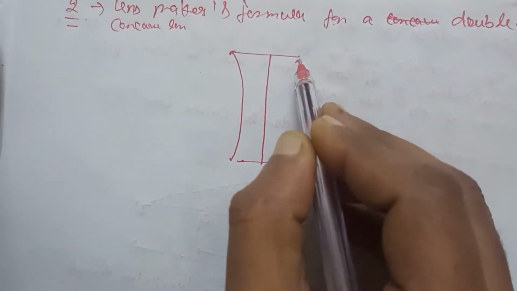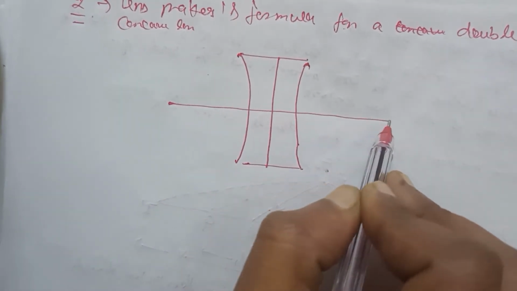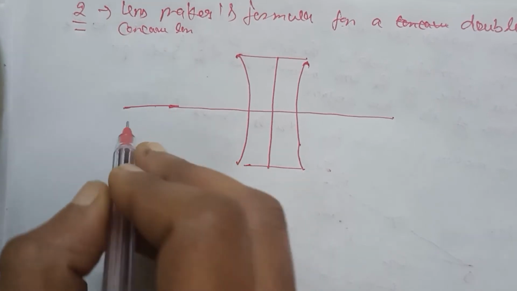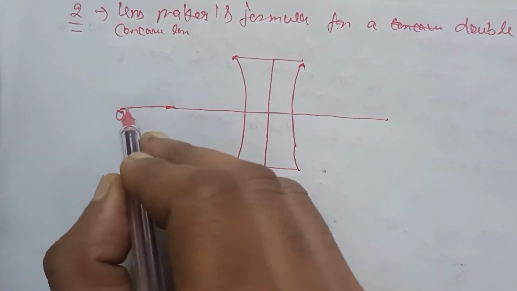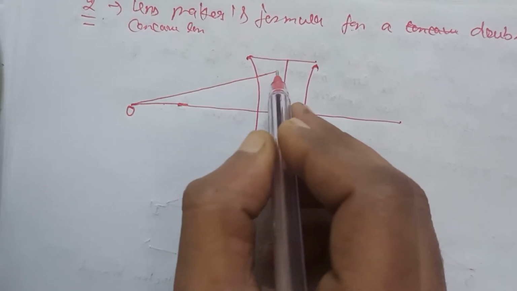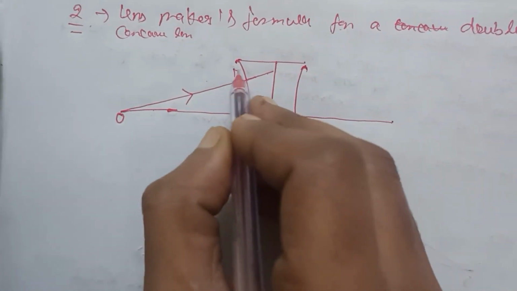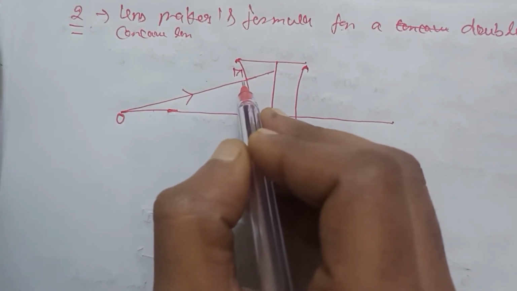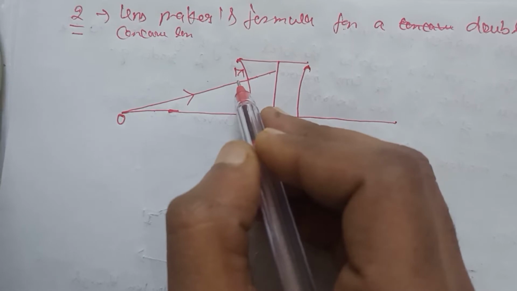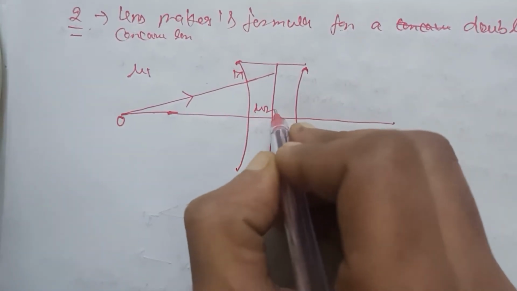This is a concave lens. This one is the principal axis. Now the object is placed at point O. A ray is going for a refraction at a point M on the convex surface, this point, and draw a normal, and this one is considered as mu1 and this one mu2.